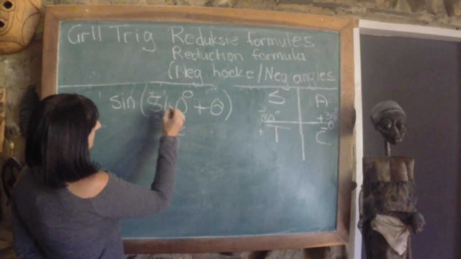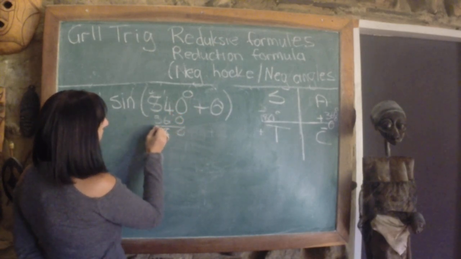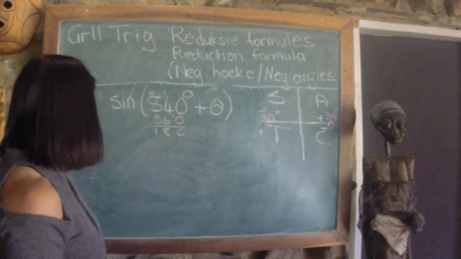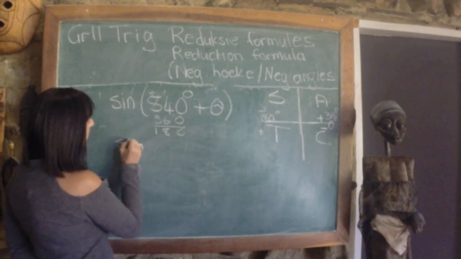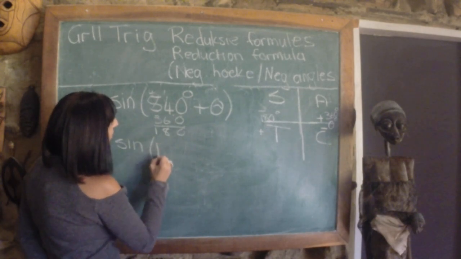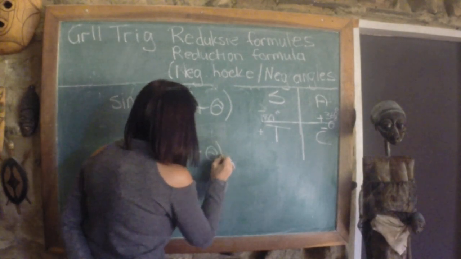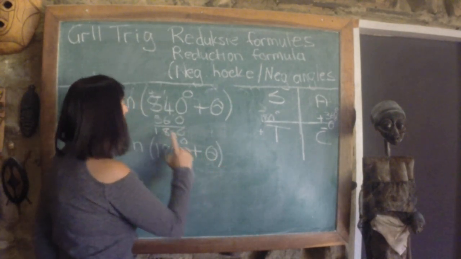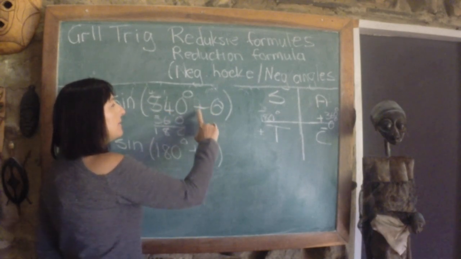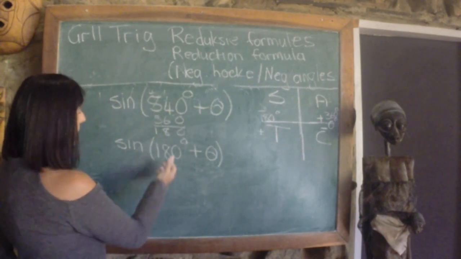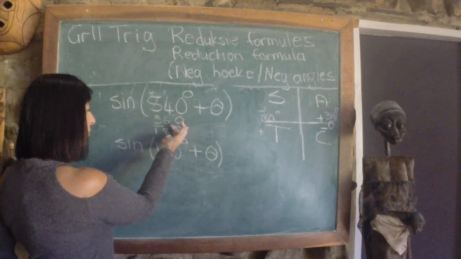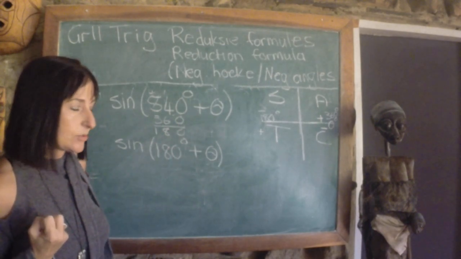So if I deduct one cycle, if you subtract 360 from this, you'll get 180. So then you've got the sinus of 180 plus theta. This will be exactly the same as 540 plus theta, because I've just simply taken out one period and I'm allowed to do it.